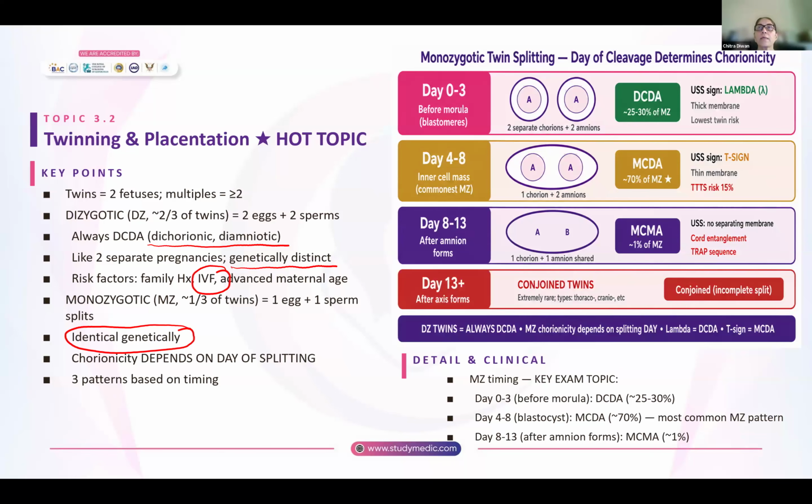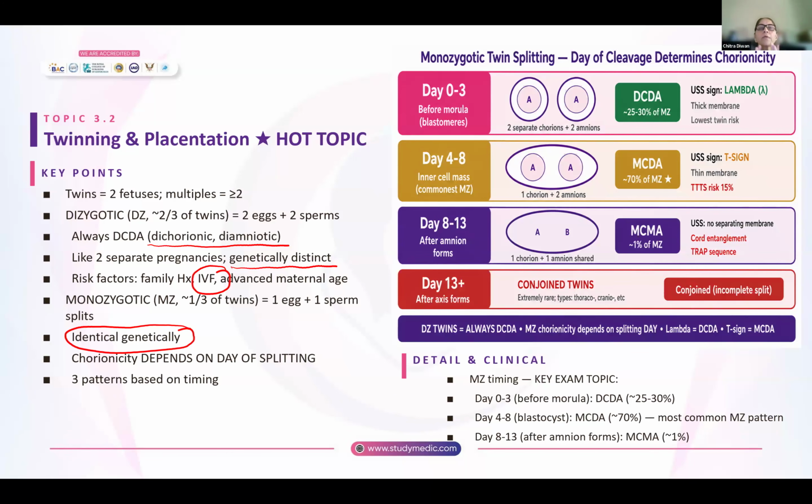So if splitting occurs between day 0 to day 3, you get formation of two complete pregnancies, because the cells in the morula are totipotent and can develop into the inner cell mass and the outer cell mass.